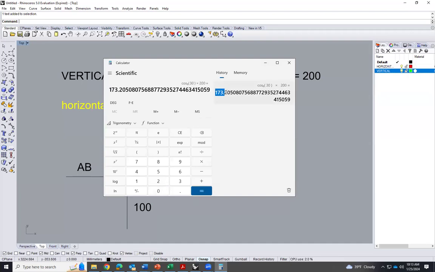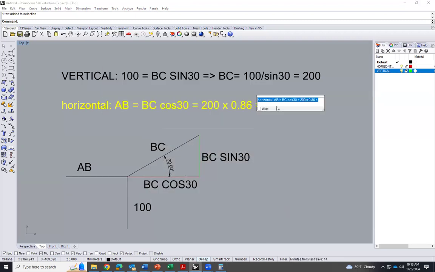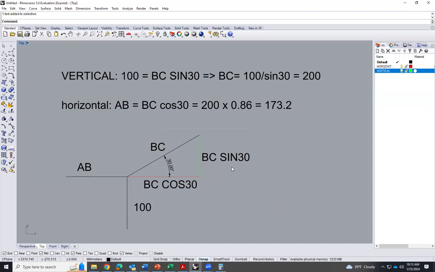It's 173.2. No, sorry, this is AB equals that. BC equals 200, and AB is 173.2.